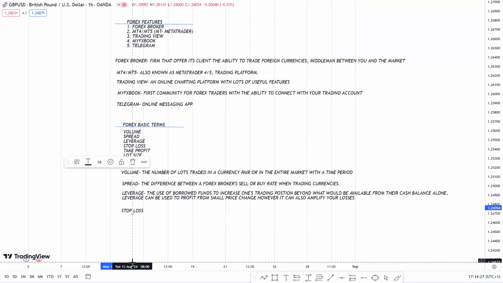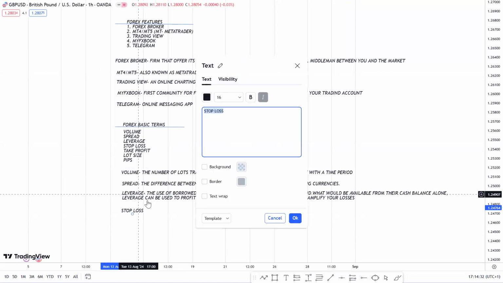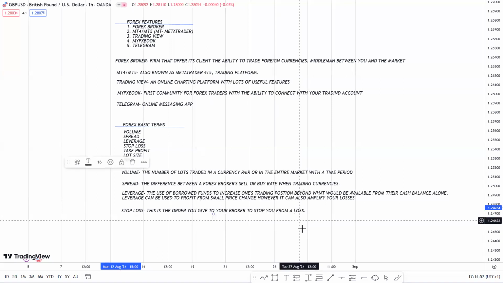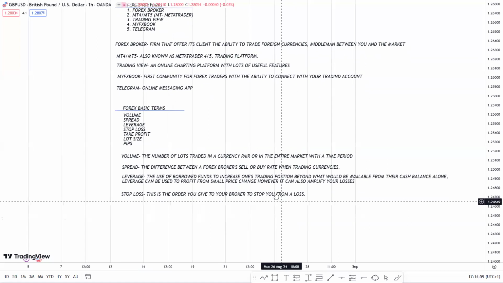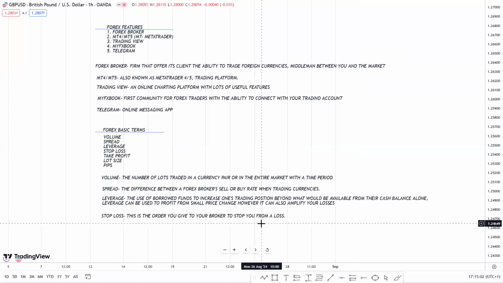So stop loss now. As the name implies, stop loss is an order to trigger a stop in the market. This is the order you give to your broker to stop you from a loss. So it's very crucial to have your stop loss placed in the market. You must have a stop loss in the market.